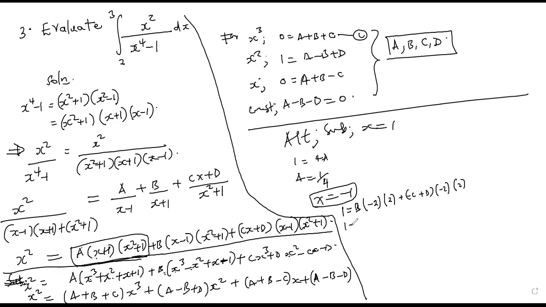So this one will give you 1 is equal to negative 4b, this is negative 4 times that, so it will be minus 4c, then minus 4d.